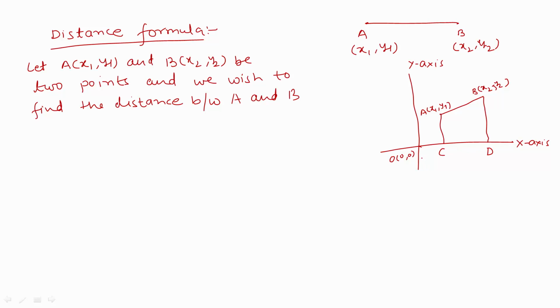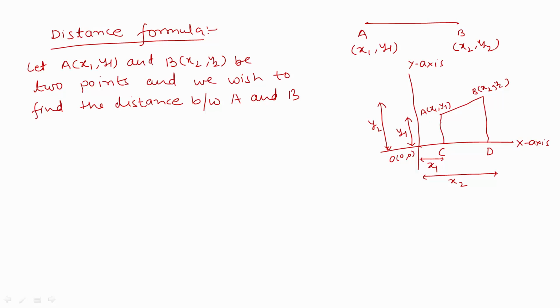So what is the distance of OC? The distance of OC will be x1, and the distance of OD is x2. Similarly, the distance of CA is equal to y1, and the distance of DB is equal to y2.